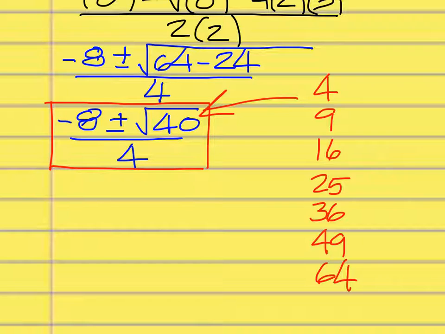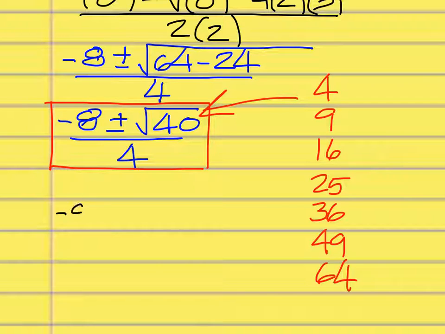Will 4 go into it? Yeah, 4 will go into 40, but will 9 go into it? What about 16? 25? 36? Nope, so there's no higher number than 4.